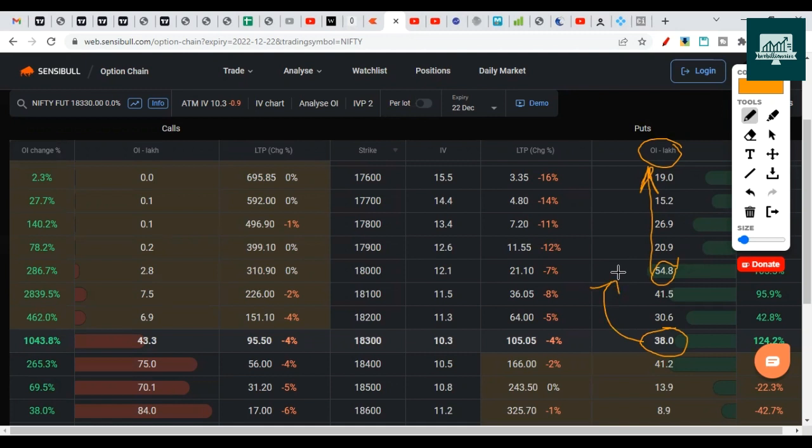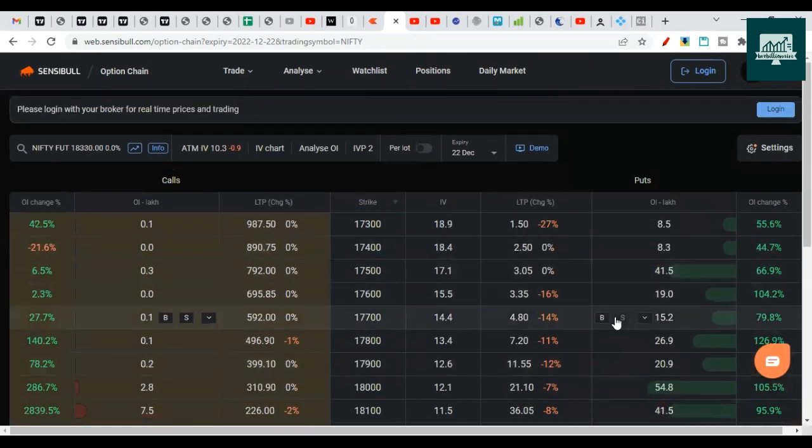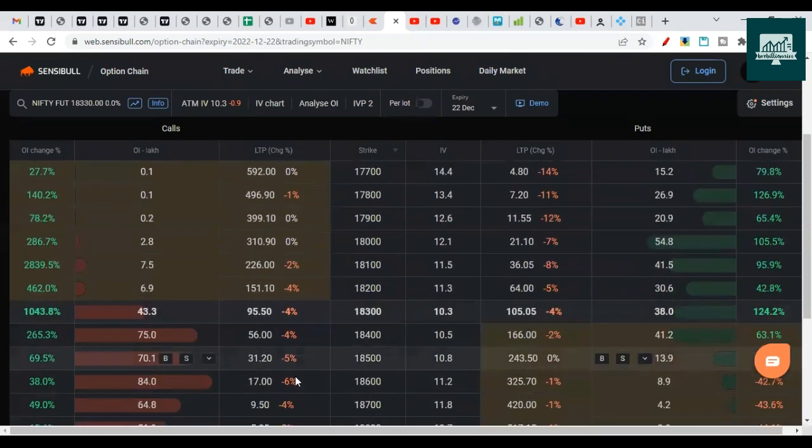If this is again broken, we are going towards, sorry, 17,500. This is what the option chain path tells us for next week's expiry. In the monthly expiry we can see a different picture, but there will not be much liquidity or volatility in that expiry, so it's better to consider this data as the primary data.